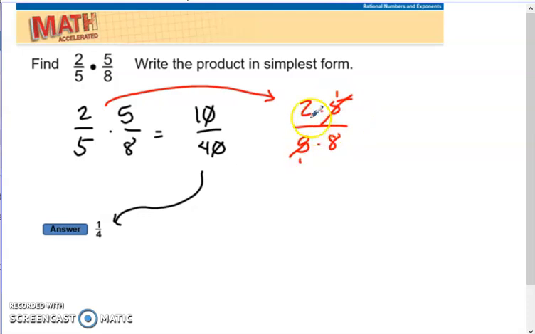Okay? You could even reduce this a little bit more. 2 goes into 2 how many times? 1 time. 2 goes into 8 how many times? 4 times. So now you've got 1 times 1 is 1, and 1 times 4 is 4. Do this if you're comfortable with it. I myself like this better because I like smaller numbers. I mean, these weren't bad numbers, but sometimes they get to be icky numbers.